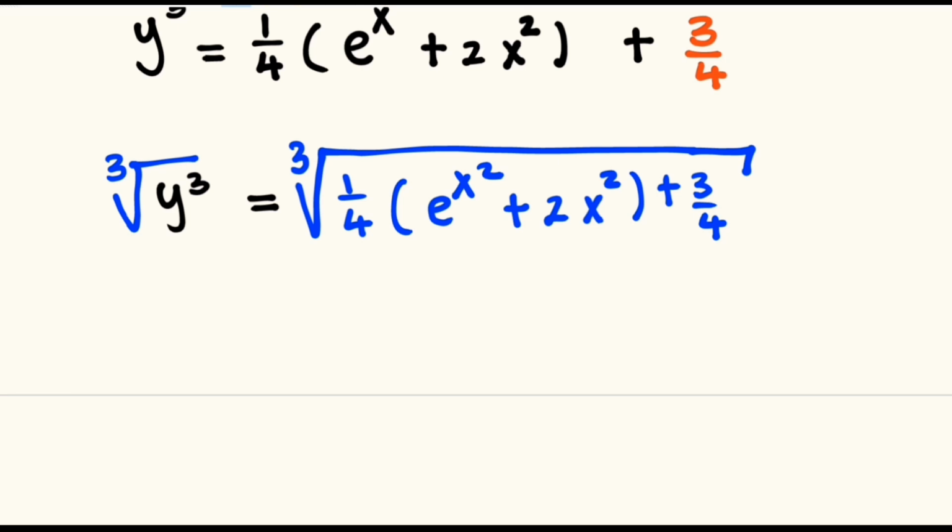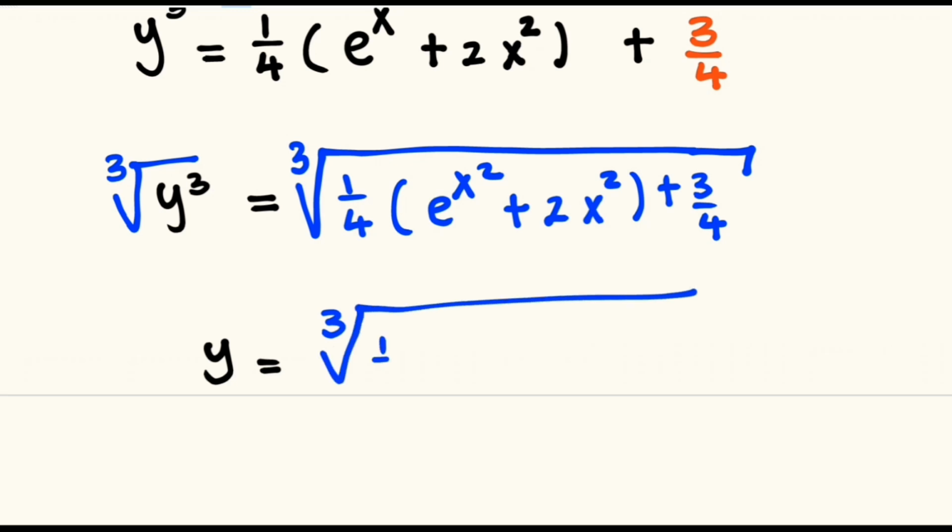The cube root and the cube will cancel out, and y will be equal to the cube root of 1 over 4 into e raised to the power x squared plus 2x squared plus 3 divided by 4.